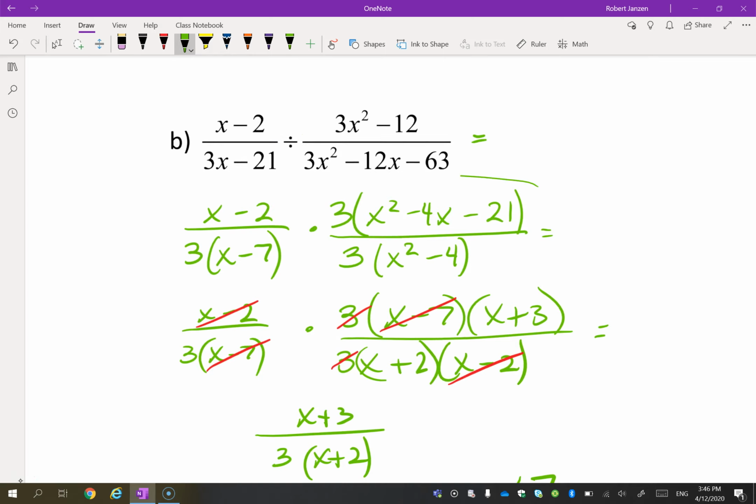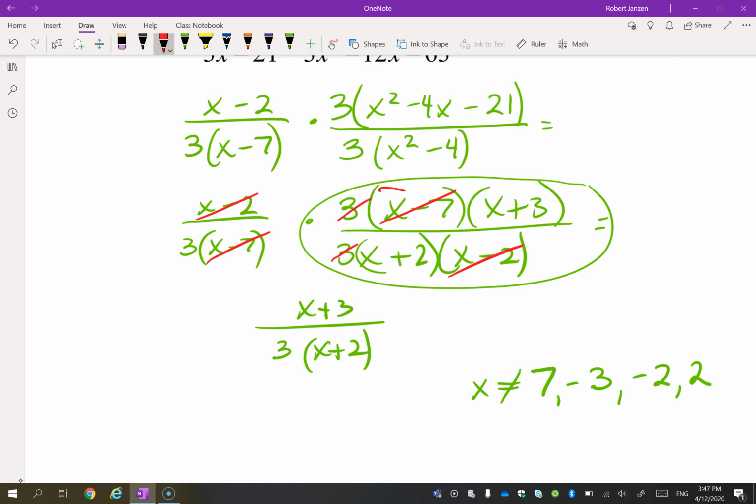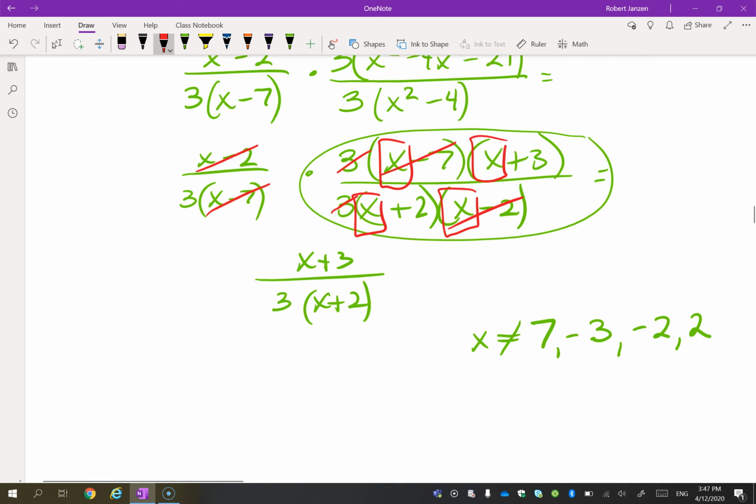So anything that will make this equal to 0 is a problem. So when I look here, anything that will make this fraction 0 is a non-permissible value. So x can't be 7, x can't be negative 3, x can't be negative 2, and x can't be 2. I'm looking at each one of these x's. What would make each of those factors 0?